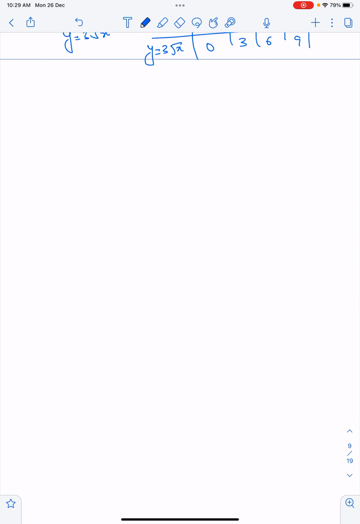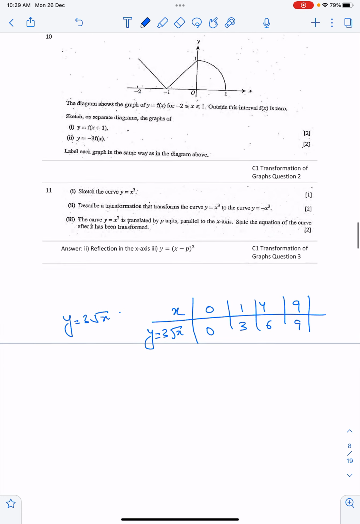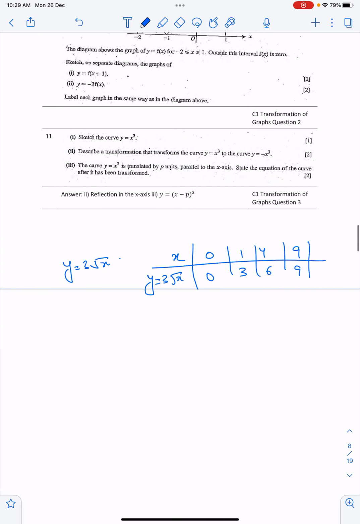So I'm just erasing that. 1, 2, 3, 4, 5, 6, 7, 8, 9. 1, 2, 3, 4, 5, 6, 7, 8 and 9.